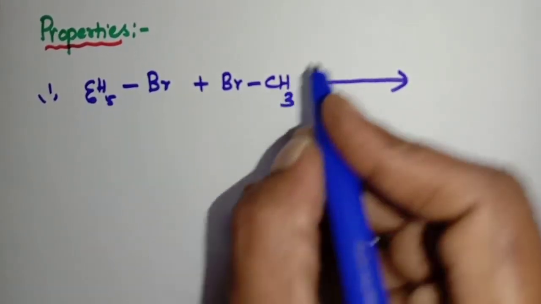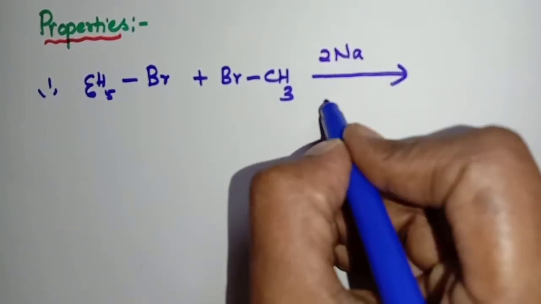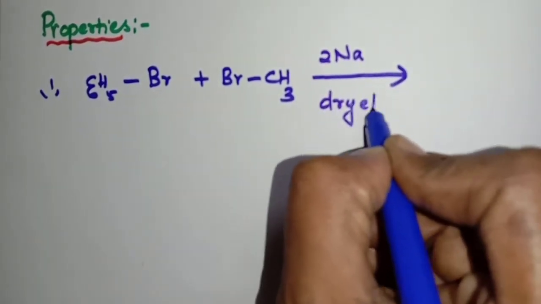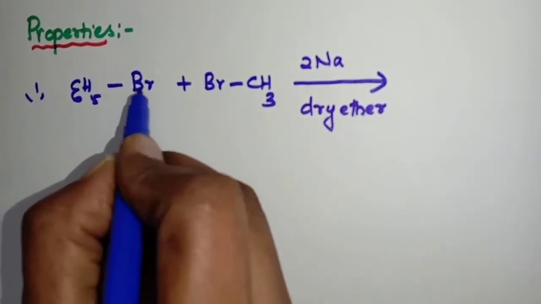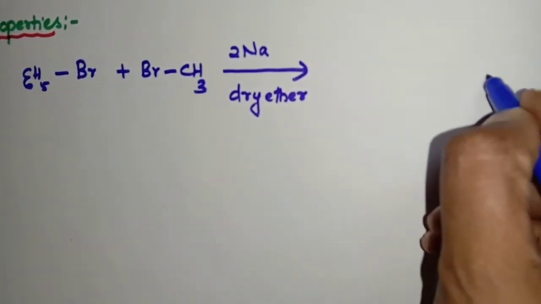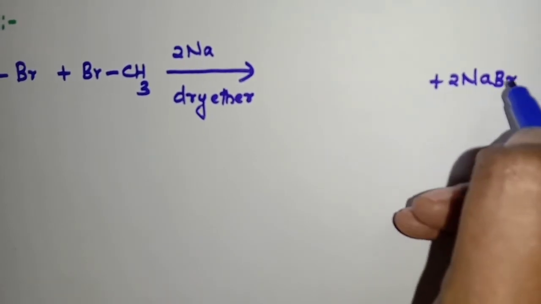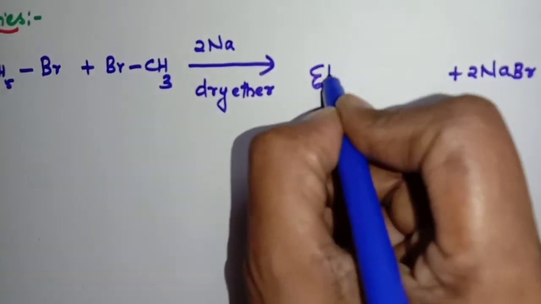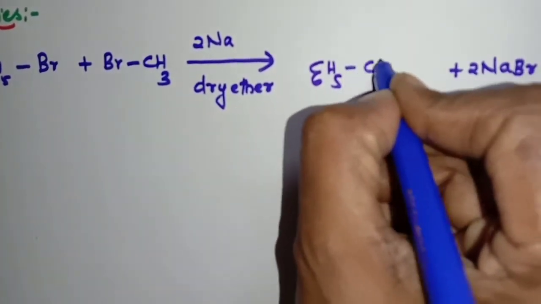So these two will react with sodium, taking up 2 Na in the presence of dry ether. What happens, students? These 2 Br and 2 Na come out as 2 NaBr, resulting in the formation of C6H5CH3.